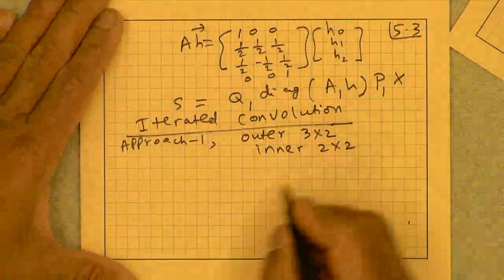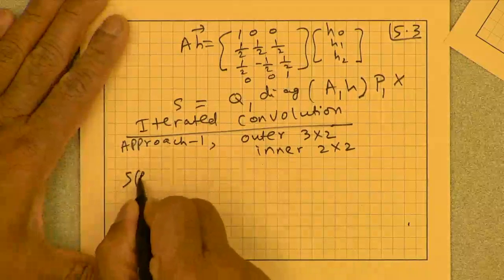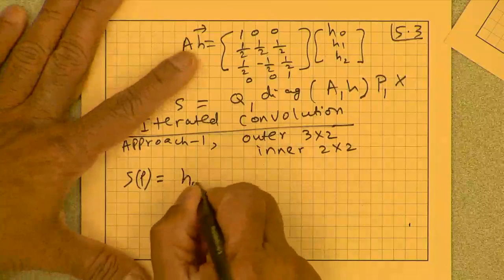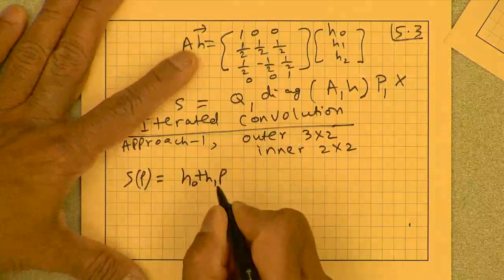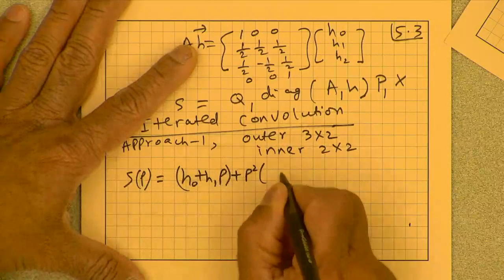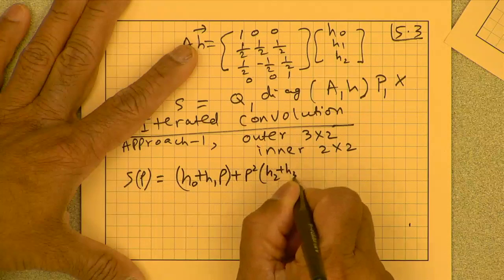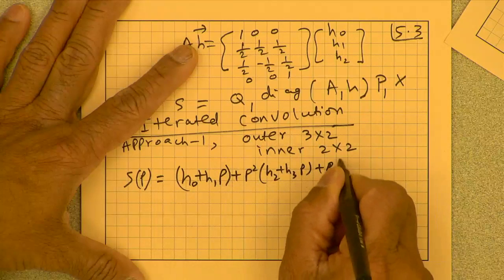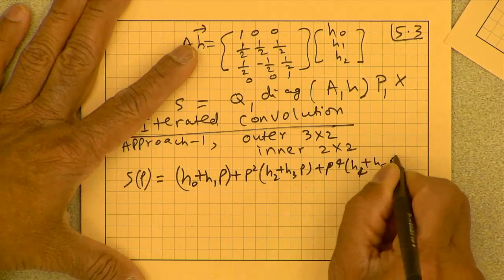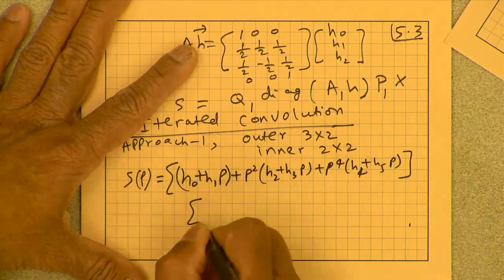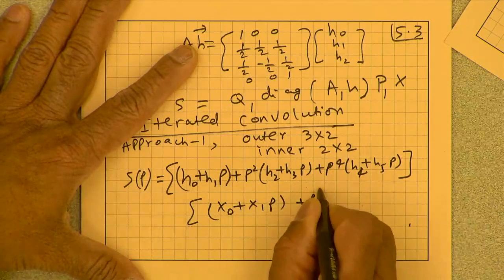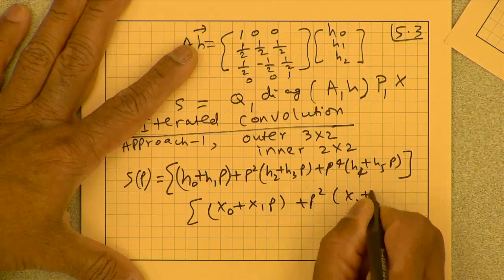So we want to compute S(P) equals H0 plus H1P, plus P squared times H2 plus H3P, plus P to the power 4 times H4 plus H5P, multiplied by X0 plus X1P plus P squared times X2 plus X3P.